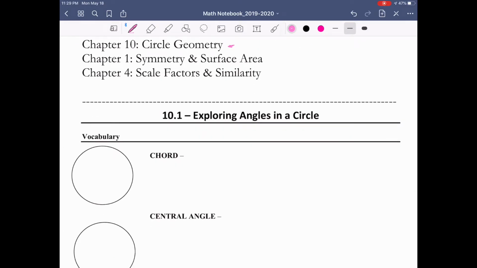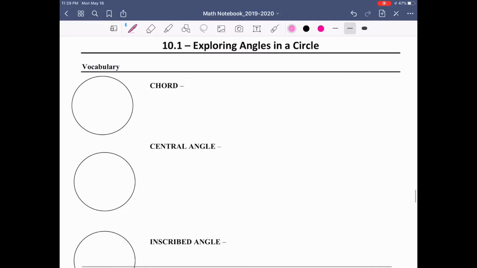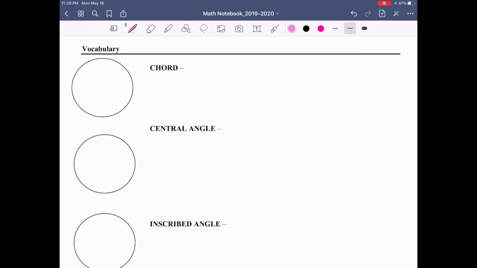Okay, so the first definition that we need to know is a chord. And a chord is basically a line segment that connects 2 points on the circumference of the circle.